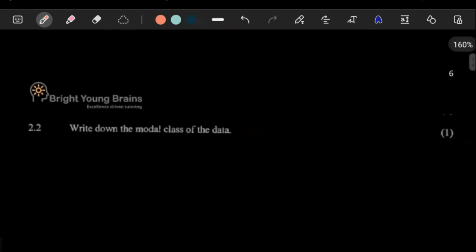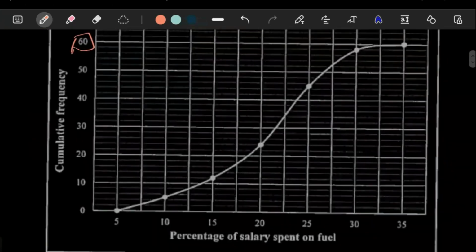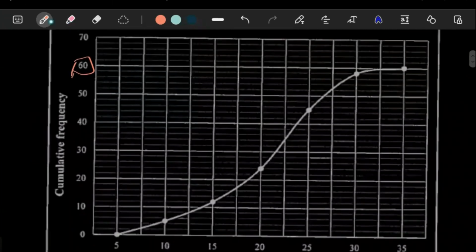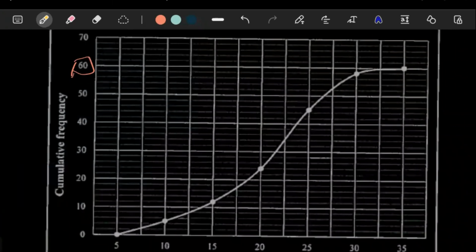Second question says, write down the mode or class of the data. So the mode or class is where you see the biggest jump between one certain frequency and another. So obviously, from 0 to 5, the jump is from 0 to like somewhere there. So that's not a big jump. From here to there, that's not a big jump. From here to this dot here, that's not a big jump.